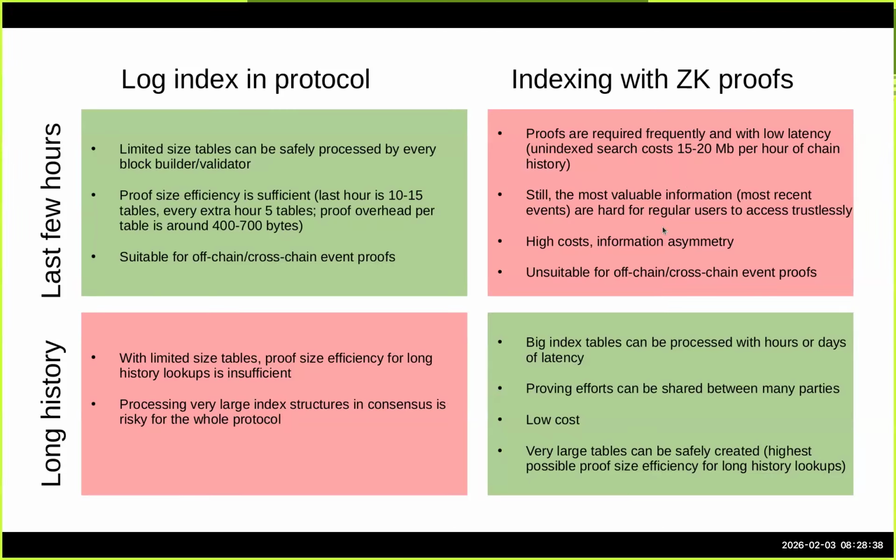And if we want to use this whole thing for off-chain or cross-chain event proofs, which I think will be an important thing for future scalability, then this is prohibitive. Even not having the last block indexed is bad. Actually, that's usually the most interesting block for these use cases.